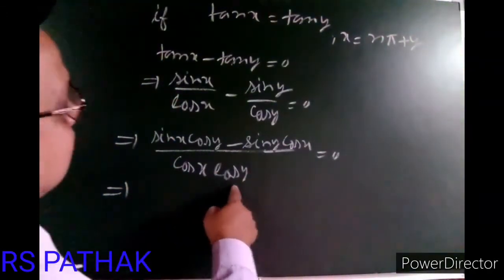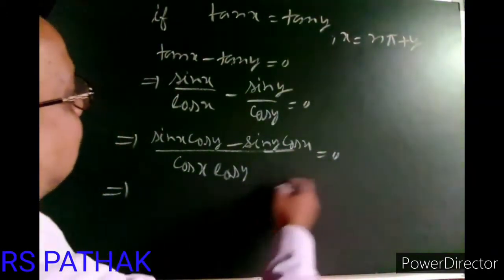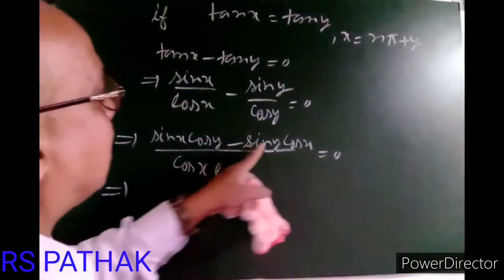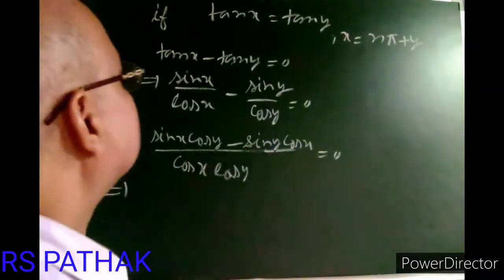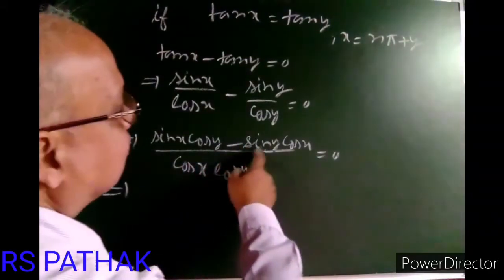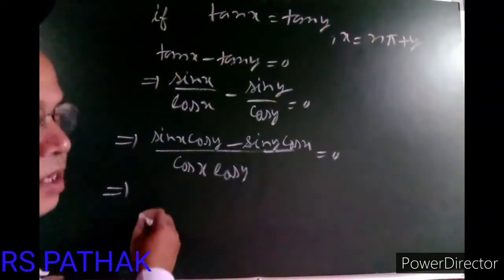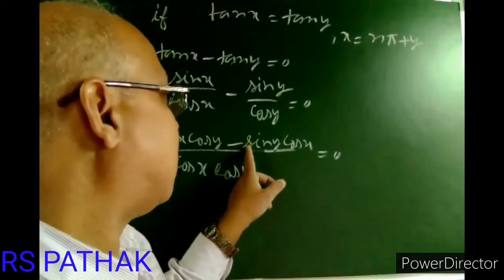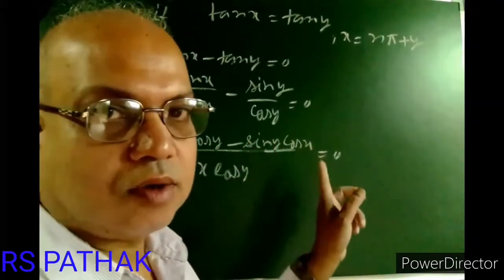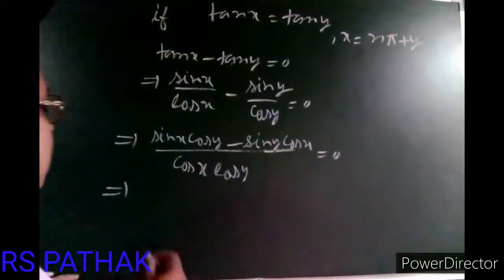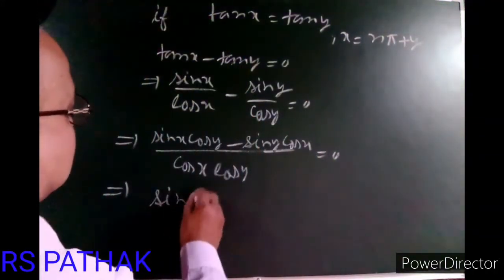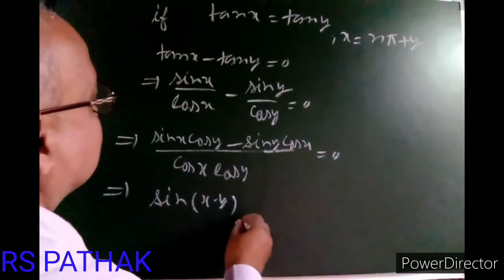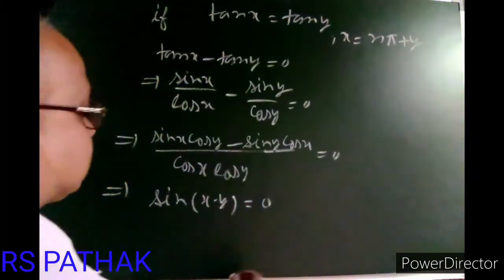Multiplying by cos x cos y, 0 into it will be 0. sin x cos y minus cos x sin y: sin a cos b minus cos a sin b equal to sin (a minus b). Then sin (x minus y), and this will be 0.